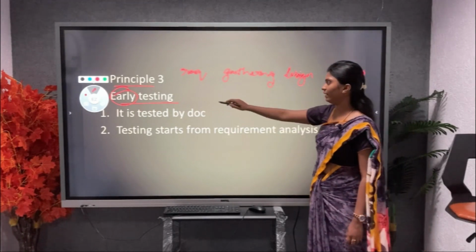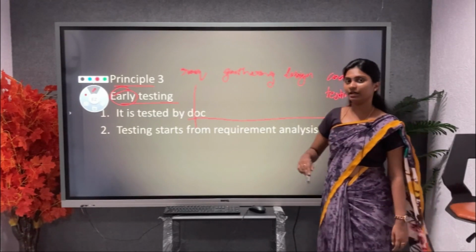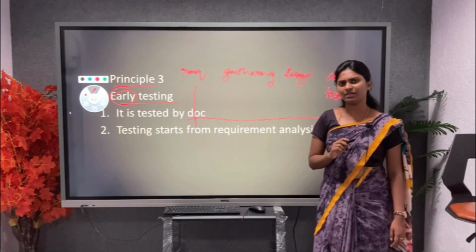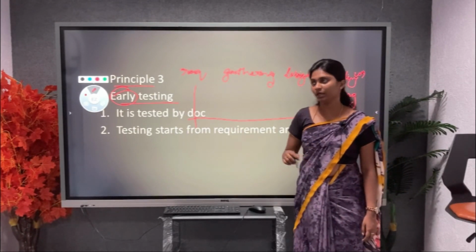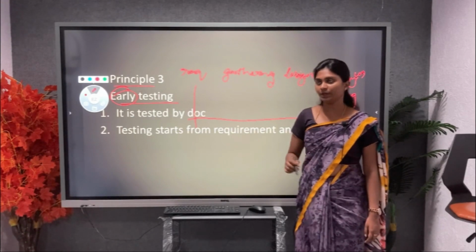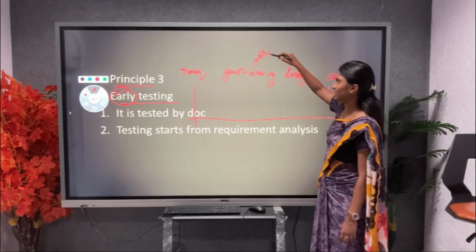Suppose I have a graph like this. Okay, I am drawing a graph. In the early stage, in software engineering, what is the first requirement we are developing? So the first step is nothing but the software requirements, right? Software requirements, nothing but planning the data.